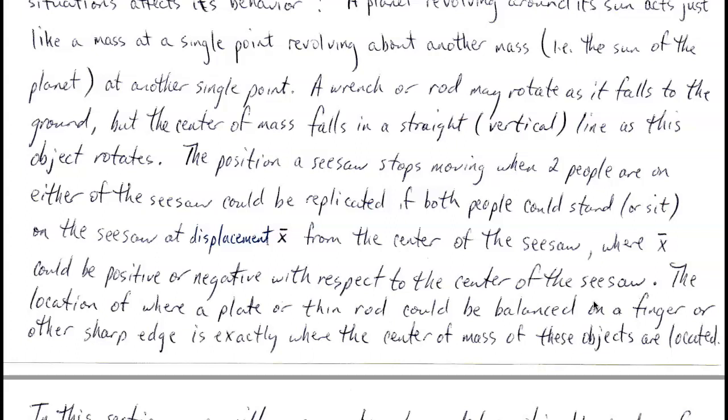Now, in the case of the plate, the location where a plate or thin rod could be balanced on a finger or other sharp edge or object is exactly the place where the center of mass of that object would be.